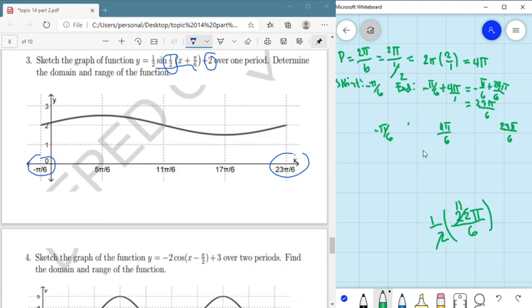Okay? So between 11 pi over 6 and negative pi over 6, we have 10 pi over 6, right? Because 11 minus 1 is 10 pi over 6. Times 1/2 because it is the average, so it becomes 5 pi over 6.